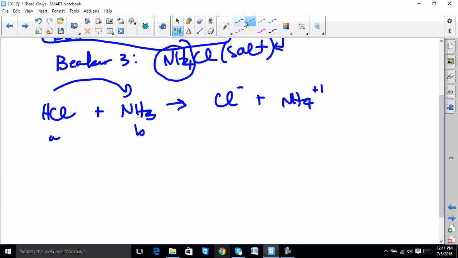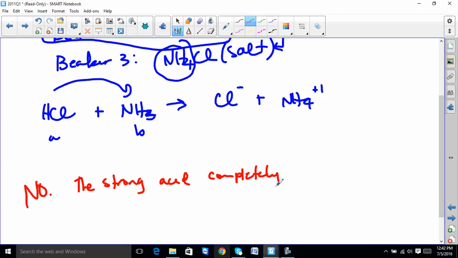And the answer is no. And the reason is the strong acid completely reacts with the weak base. And remember, they have the exact same volume and the exact same concentration, so you're going to see that they run out at exactly the same time.